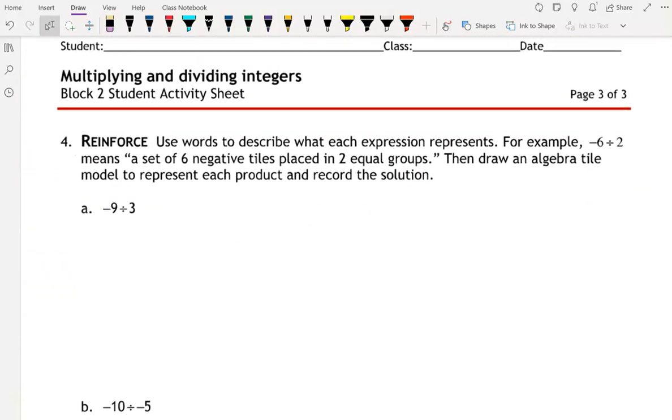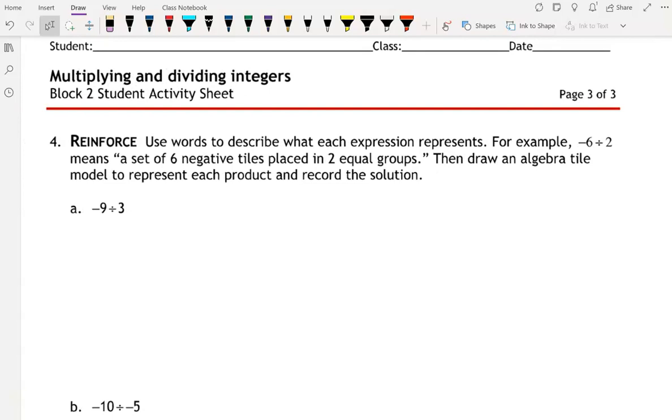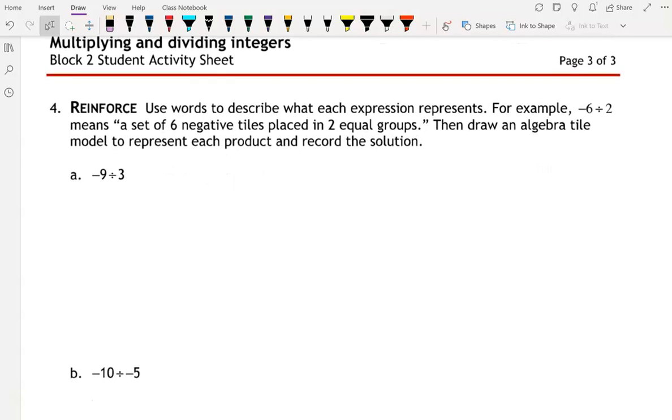Now, this very last bit here, it says we are going to use words to describe what each expression represents. Please remember what we've talked about already. Okay? So, if we look at the first one here, -9 divided by 3. So this is -9 divided into 3 equal sets, or 3 equal groups.